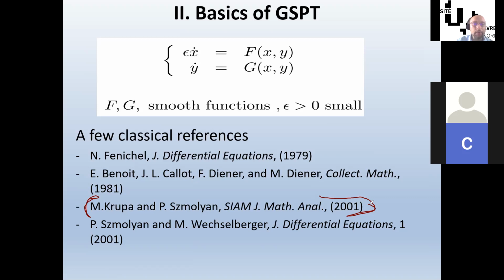I'm giving you the basics of geometric singular perturbation theory, which gives a theoretical justification of my introduction with the FitzHugh-Nagumo model, right?